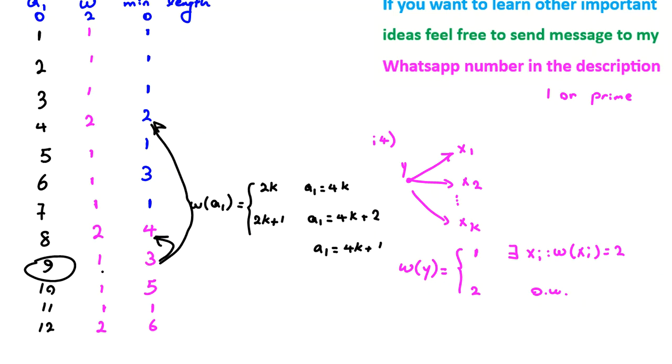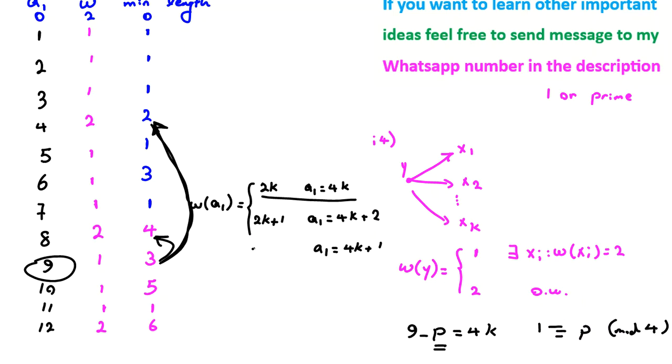First player is winner, and first player should go to a multiple of 4 because W is 2 in those cases. And we know they are increasing because of this, if we prove this one first. Then we say what? Because they are increasing, we should find the maximum prime that if you subtract from 9, it will be 4k. If you subtract a prime from 9 and it is 4k, so that prime is what? Mod 4 if you consider. That prime is 1.